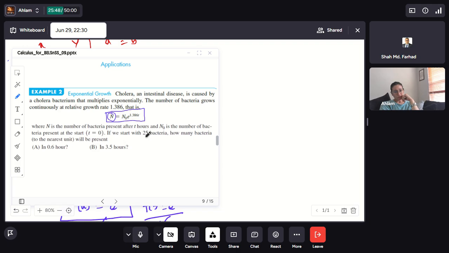If we start with 25 bacteria, how many bacteria will be present in 0.6 hours? That means we are given the function n equals n naught e power 1.386 times t. This is the function.